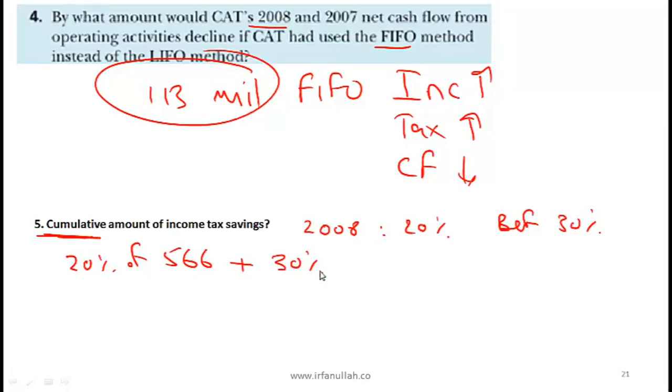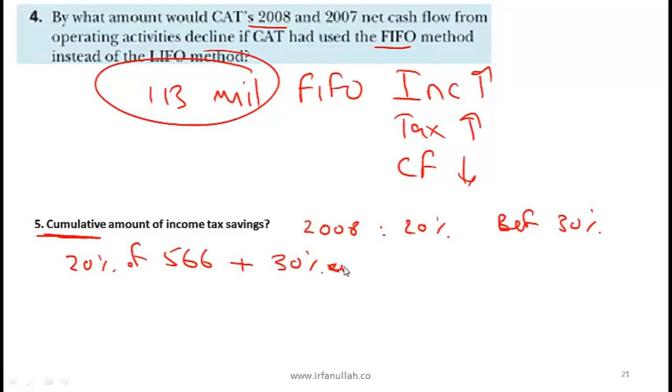Actually then this becomes the change in reserve from the time they started till the beginning of 2008, which effectively means 30% of the LIFO reserve at the end of 2007. The LIFO reserve at the end of 2007 was 2617.